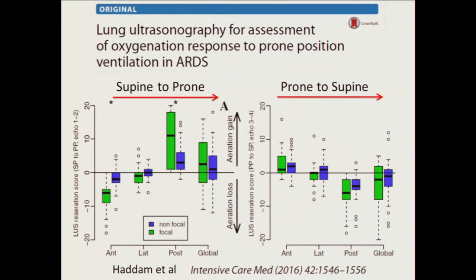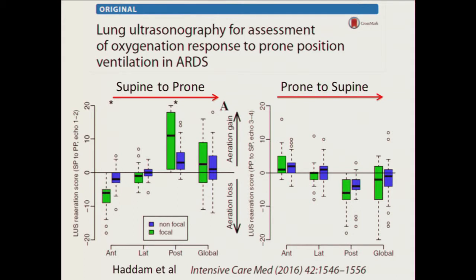Interestingly, but not surprisingly, when these authors applied the lung ultrasound scoring system to the prone positioning, they observed that the response was really different in patients with diffuse loss of aeration and focal loss of aeration.